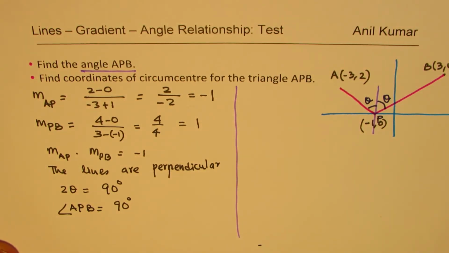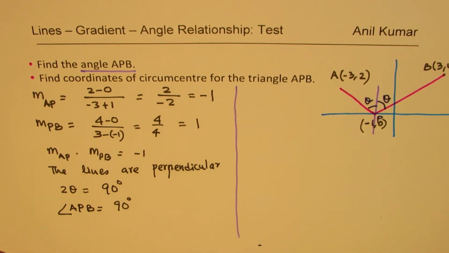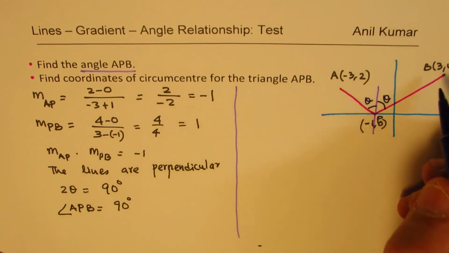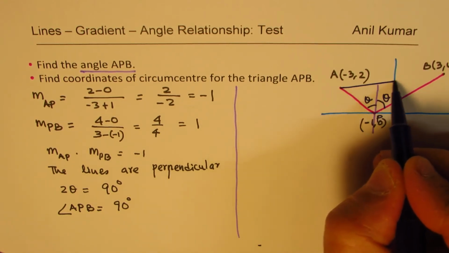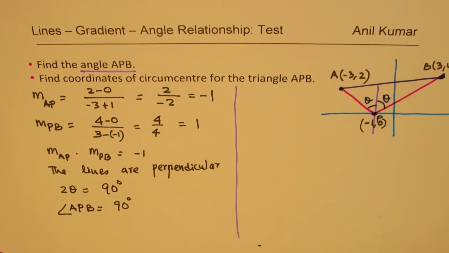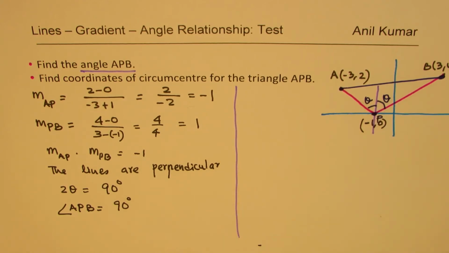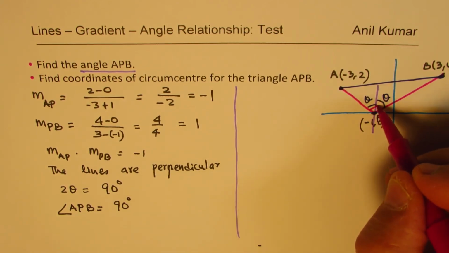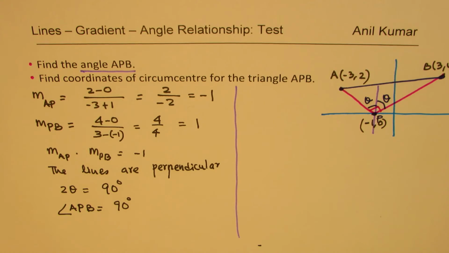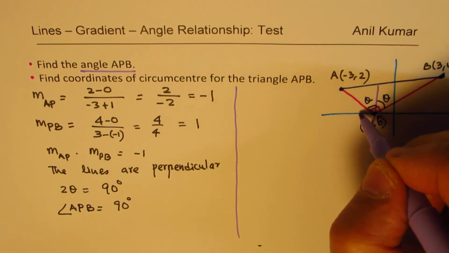Now let's look into the next portion, which is to find the coordinates of the circumcenter for this particular triangle. So we have a triangle now. So let me connect A with B, right? So let's say this is the point A, B, and P. Now since this is a right angle, that means we are thinking about these 3 points as what?